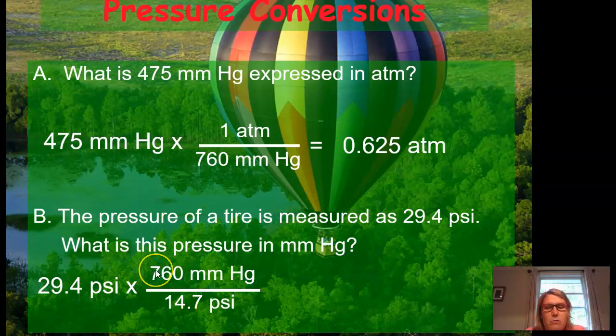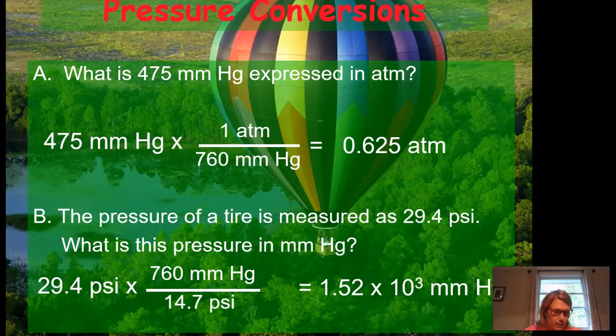So what I'm going to do here is I'm going to do 29.4 psi, divide by 14.7, and multiply by 760. Now, we're going to go back and talk about sig figs a little bit. There are 3 significant figures in 29.4. That's what we're going to use. We're always going to use this starting number up here as your sig figs. So what's my answer going to be? 1.52 times 10 to the third mmHg.